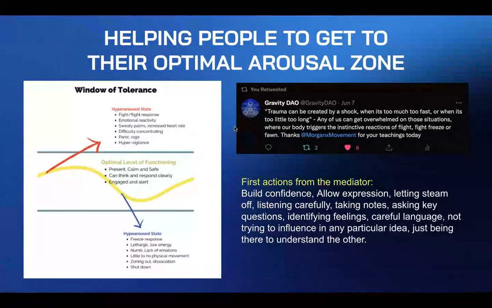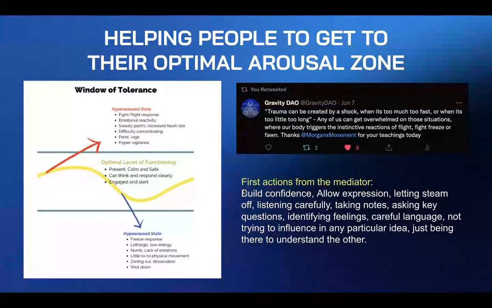So one of the first things that you should do as a mediator when talking with someone who is in a conflictive situation is first trying to identify if they are in a hyper-aroused state or in a hypo-aroused state, to try to bring them to their optimal arousal zone and to their optimal level of functioning, where they can talk about their situation without being triggered by their feelings, and when they can also be engaged, but also where they can have a good management of their emotions.